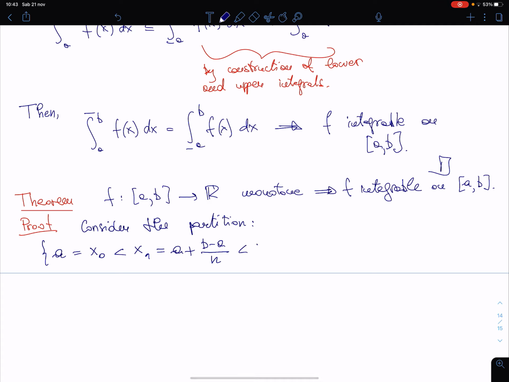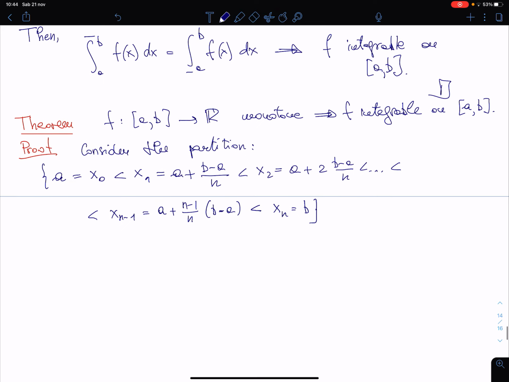This is less than x2, which is again a plus 2 times b minus a over n, and so on and so on, less many dots x n minus 1, which is a plus n minus 1 over n times b minus a, less than xn equal to b.